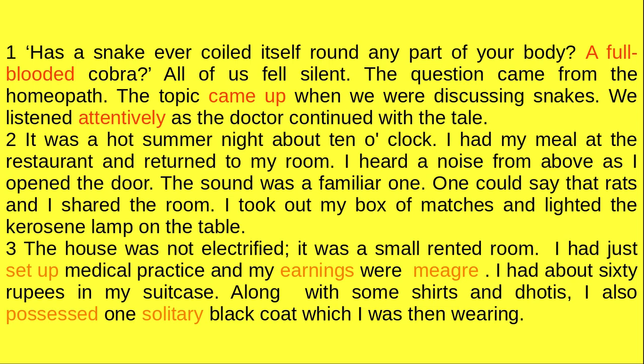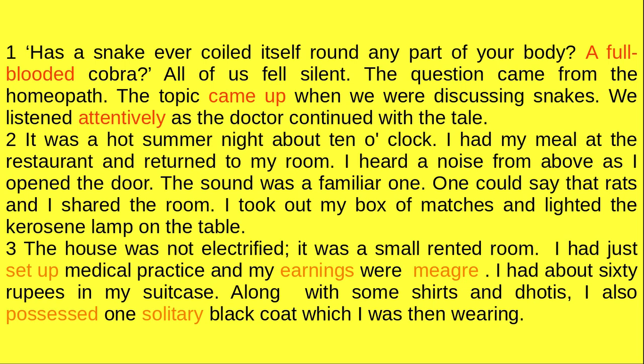Earnings were low, and his savings were very low, and he had only about 60 rupees in the suitcase. Then he had some shirts and dhotis and a single black coat which he was wearing then.